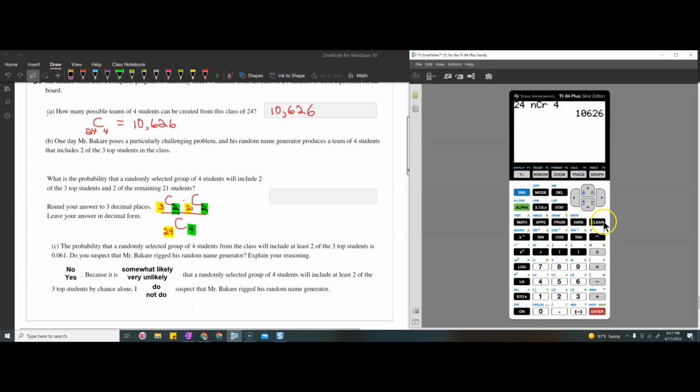Okay, so our numerator would be, we're going to do 3, choose 2, and these are combinations. Okay, so that's 3. And then we got 21, choose 2. That's 210. And then 24, choose 4, we've already done.